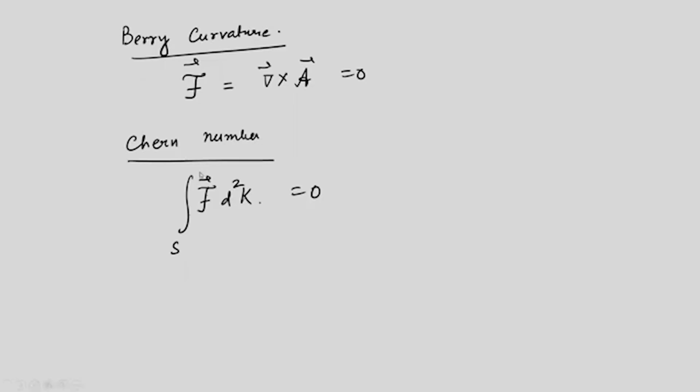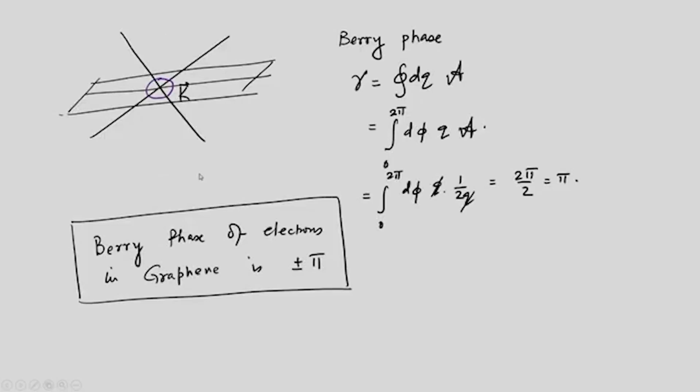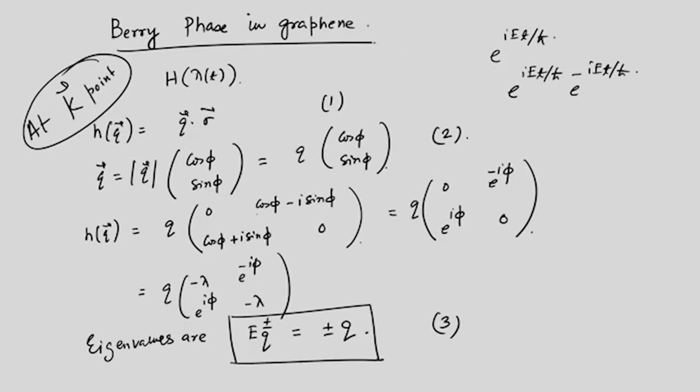Now, the question is, if you look at this Hamiltonian, you see the diagonal terms that are 0. Okay. And this is one of the reasons that there is zero band gap at the Dirac points. If you put a non-zero term there, that is, if there is a sigma z as well, then the gap will open up. So, the question is, is there only one way of opening up that gap? We have two symmetries, remember, which protect the Dirac points.